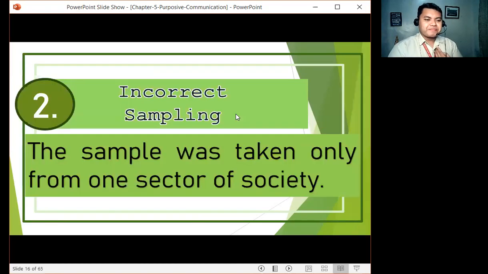Next, incorrect sampling. An ordinance was being implemented based on the mayor and the councilor. That is incorrect sampling because an ordinance should be fully implemented based on the number of people.